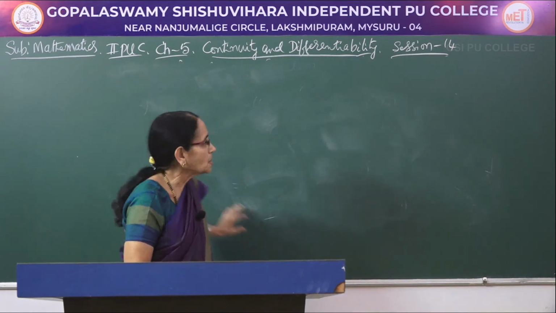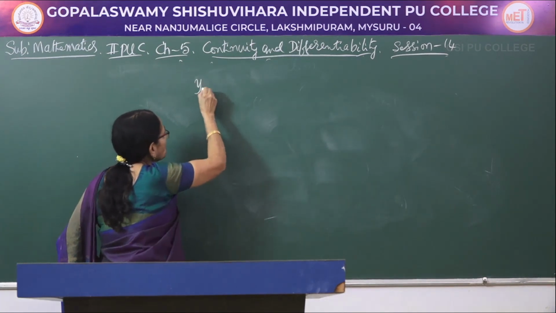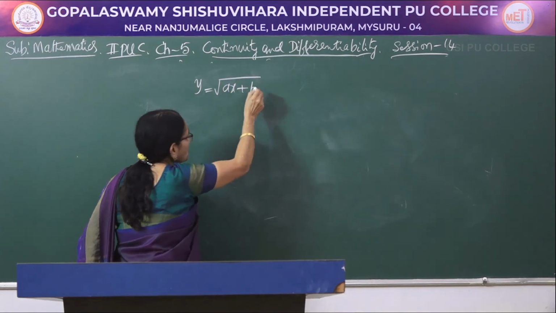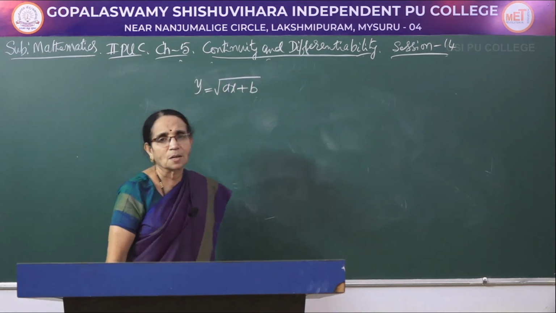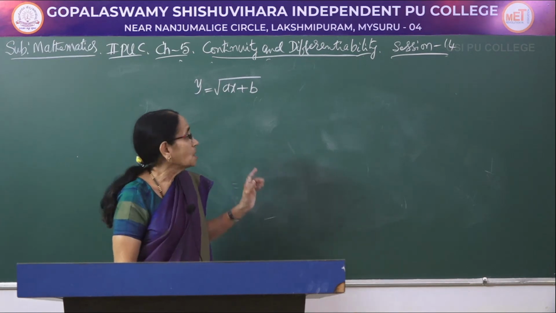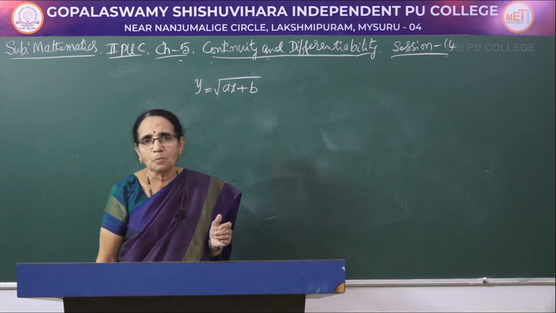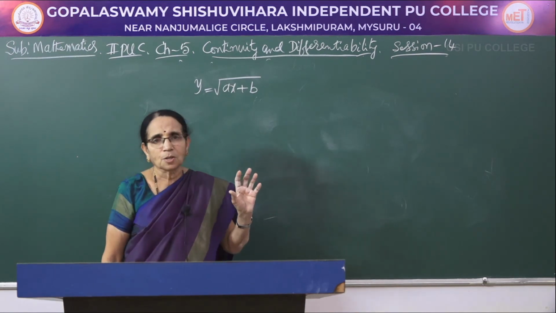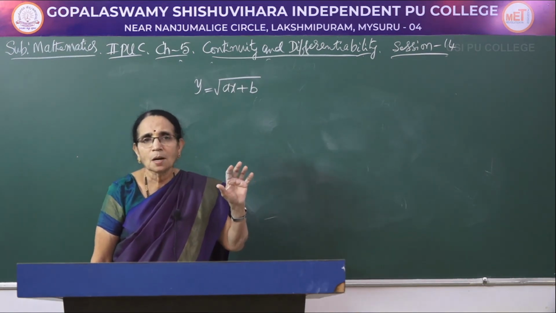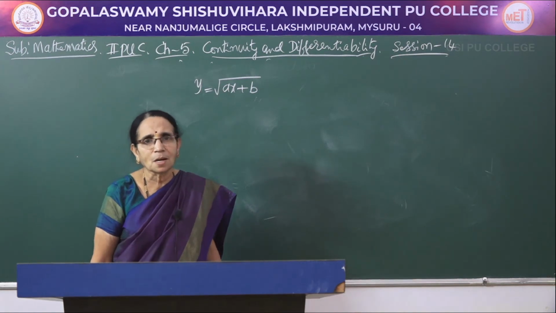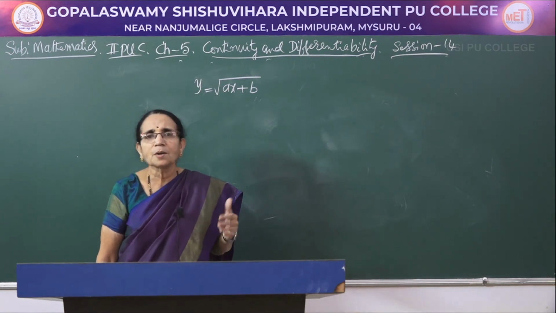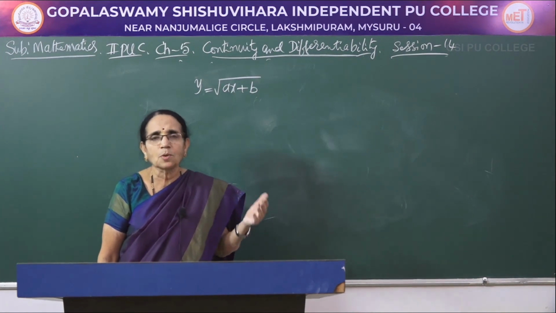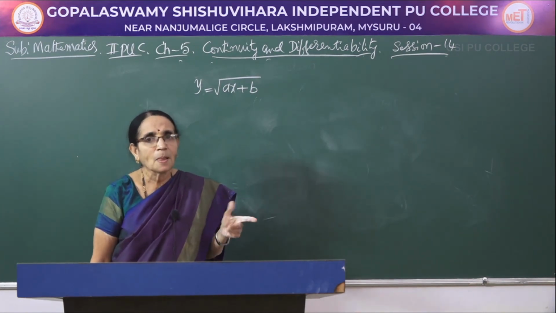Next one. Now let y be equal to root of ax plus b. Now this is different. In the earlier three problems, I had taken an algebraic function raised to a positive integer, isn't it? So it resembled the formula x to the power n in the first step. So we applied the rule n into x to the power n minus 1.